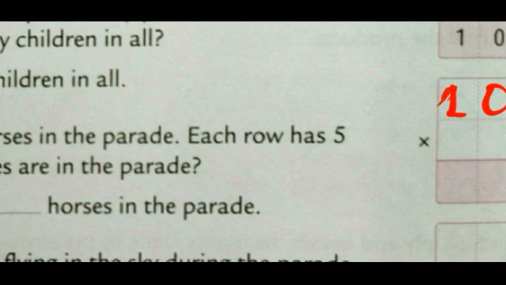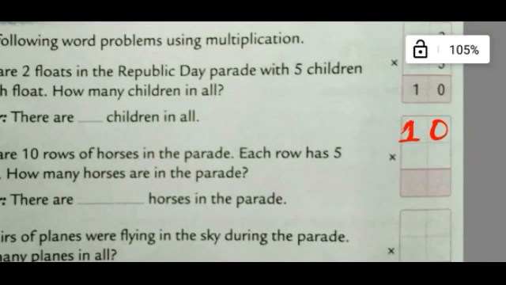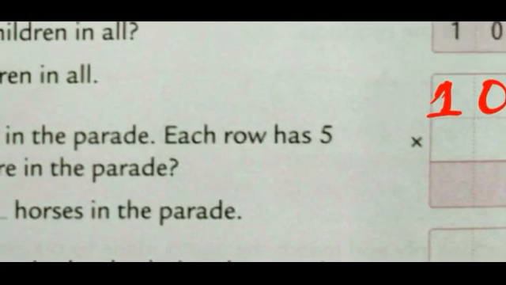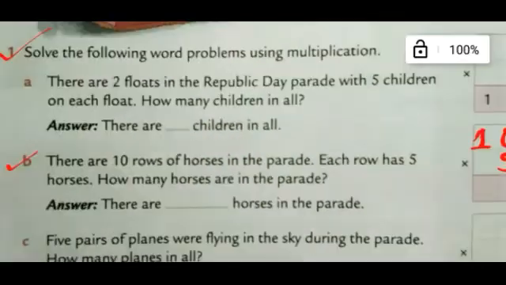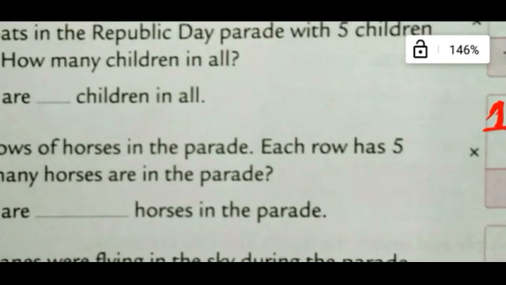Then each row has 5 horses. 5 is a single digit number. So as I've already told you, in addition and subtraction also, we need to write that under the ones column only. Now simply we need to multiply them to find out how many horses are in the parade. Okay.